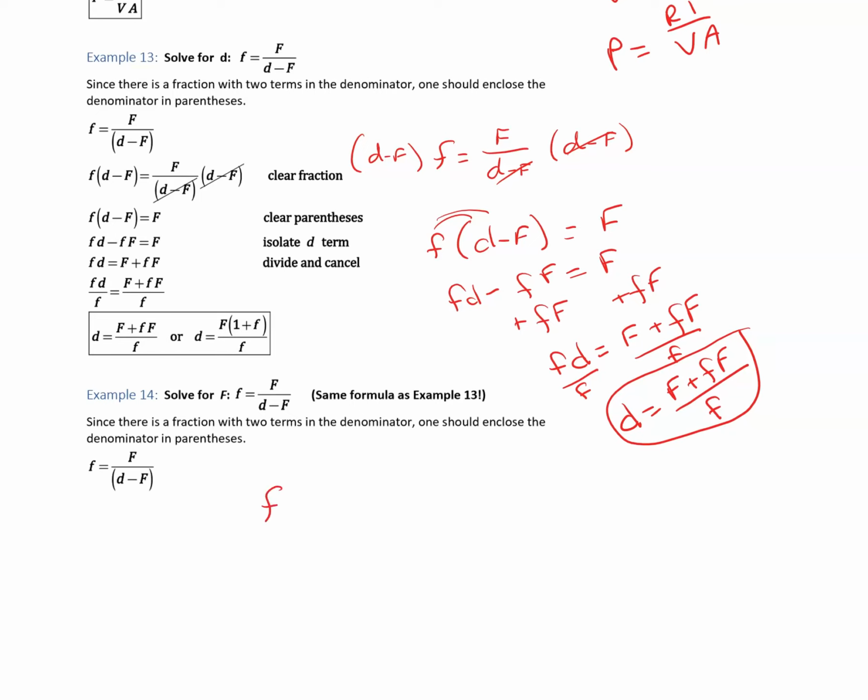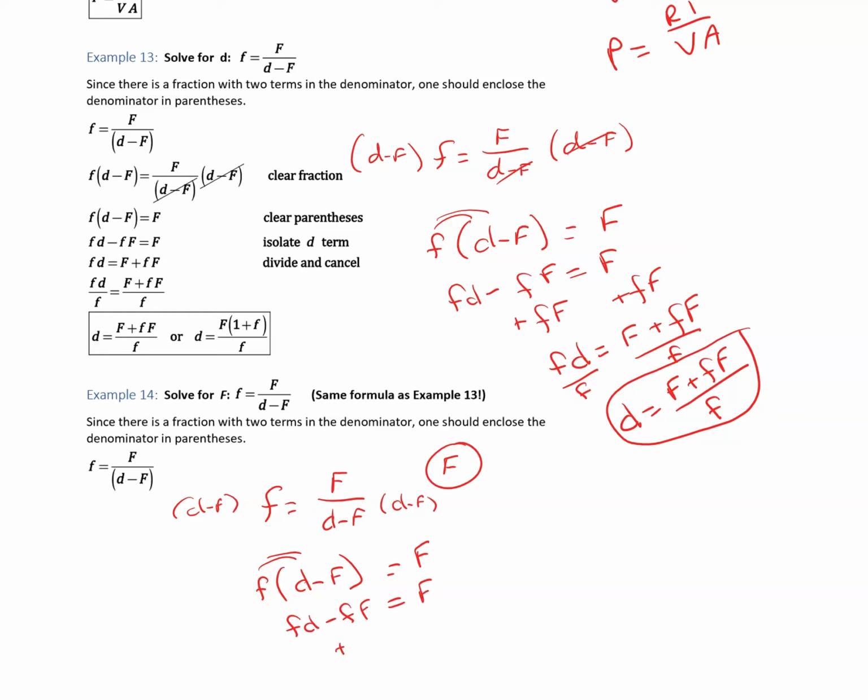If I wanted to take this again and solve it for capital F, I start the same way. Multiply both sides by d minus f. So I get f d minus capital F equals F. Distribute still. f d minus little f equals F. Now I have to combine the capital F's on both sides.